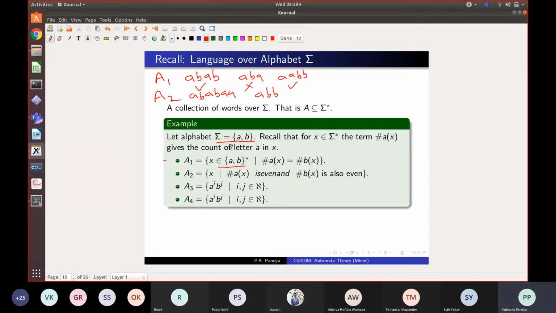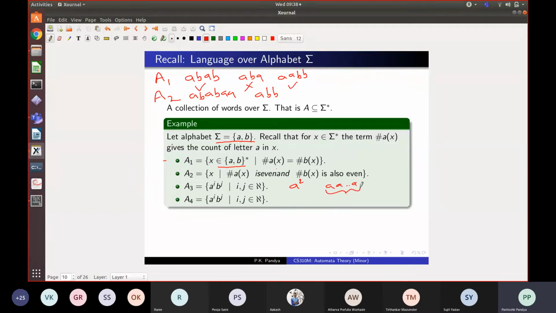So this is again another collection of strings. Here, A3 contains all those sequences consisting of a sequence of A's. Remember, the notation A raised to I denotes I occurrences of A in sequence.